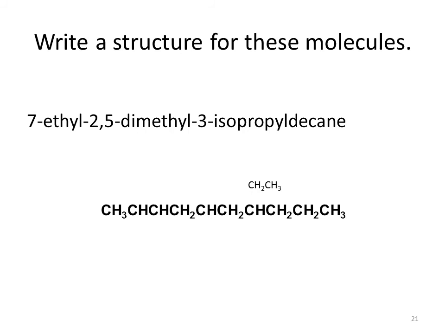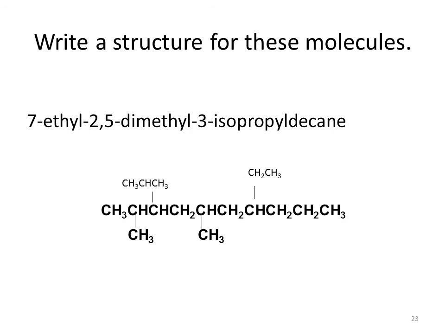Okay, next we're going to put in the methyl group. It is 2,5-dimethyl, so I've gone and found the number 2 carbon and the number 5 carbon, and put in the 2 methyl groups. And now I need to put in the isopropyl.